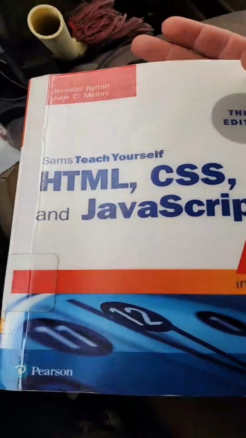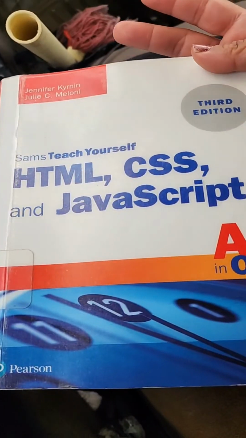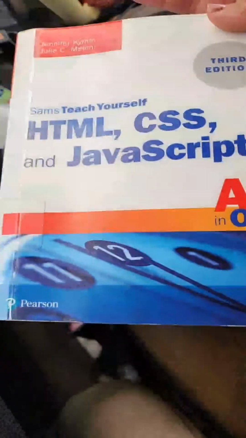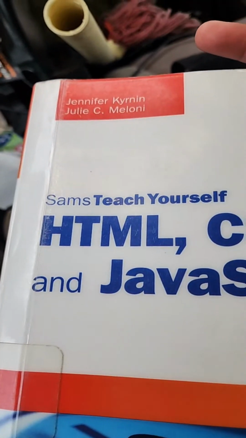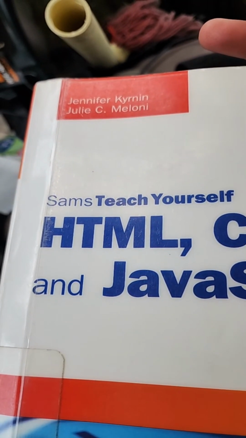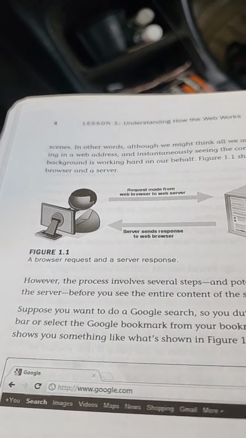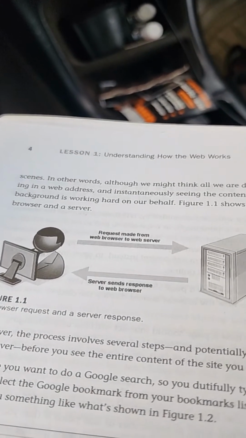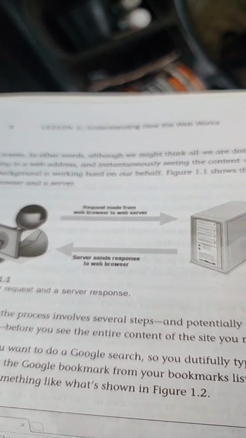Starting off, reading this right here. This is Sams Teach Yourself HTML, CSS, and JavaScript All in One, 3rd edition, as written by Jennifer Kyrnin and Julie C. Meloni. So this is figure 1-1, a browser request and a server response. Request made from web browser to web server. That's what happens.